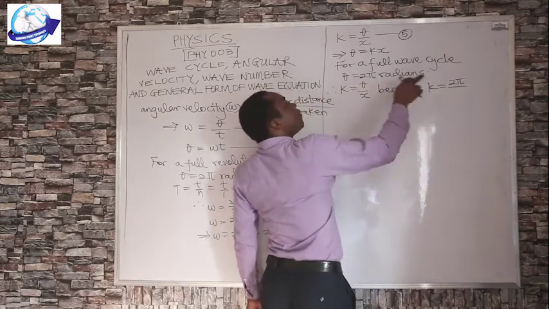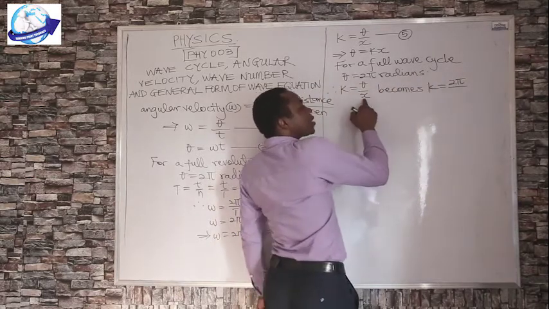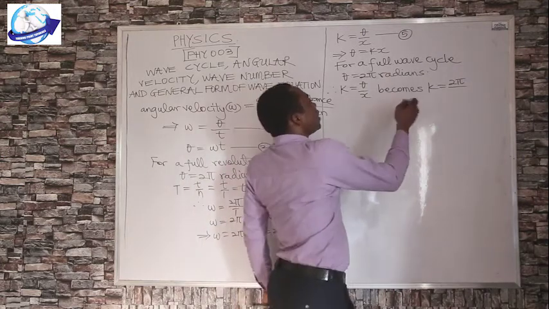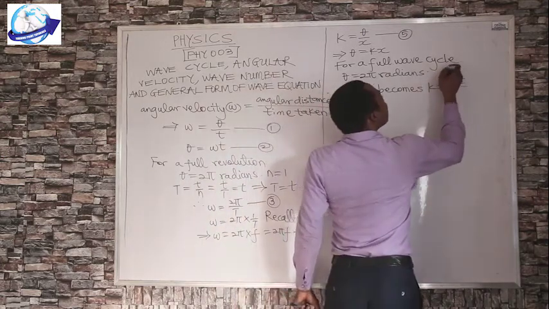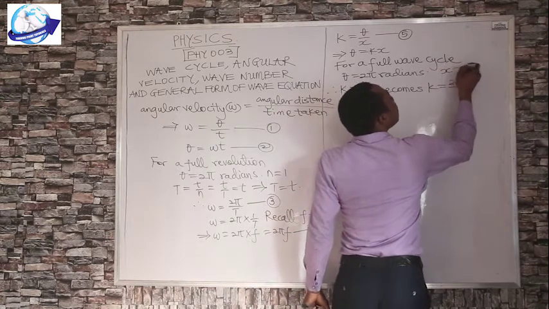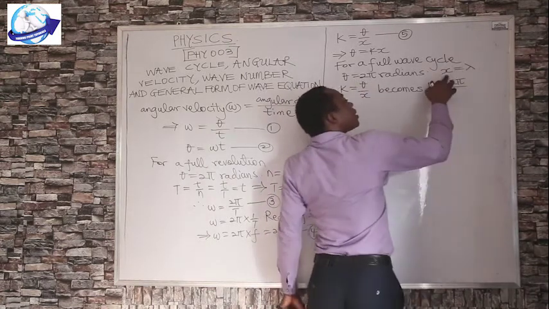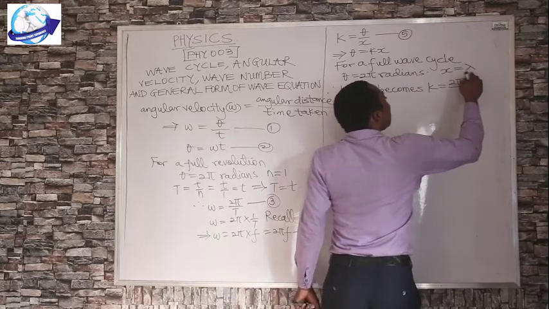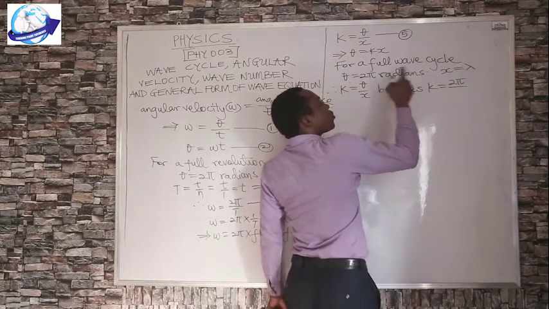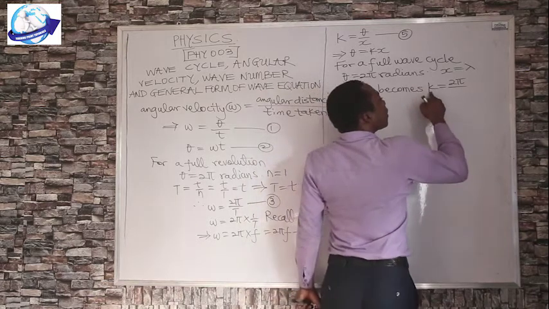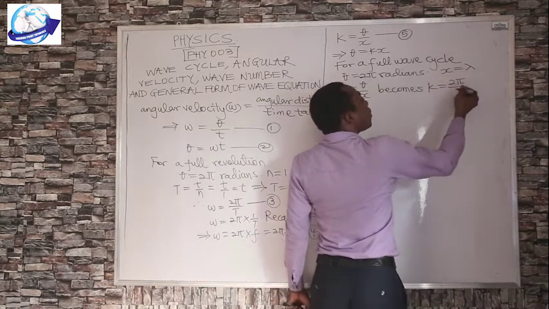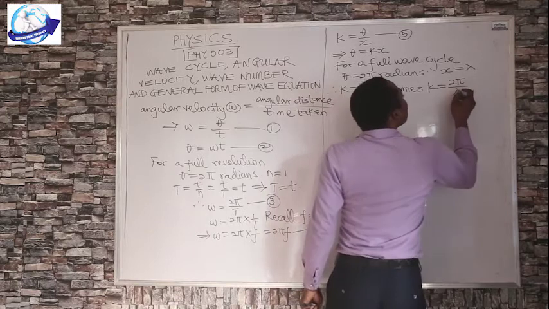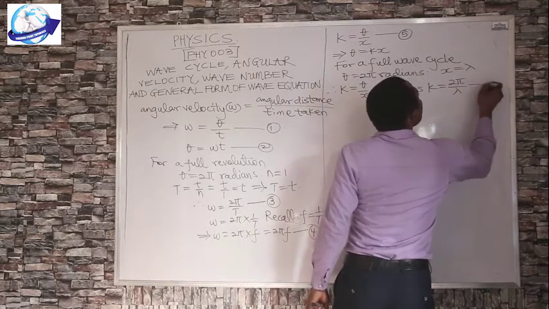Now for a full wave cycle, the linear distance is also known as lambda. x is equal to 1 lambda. The linear distance in a full cycle, x is equal to lambda, and theta is equal to 2 pi. So wave number becomes k equals 2 pi all over lambda. We call this equation 6.